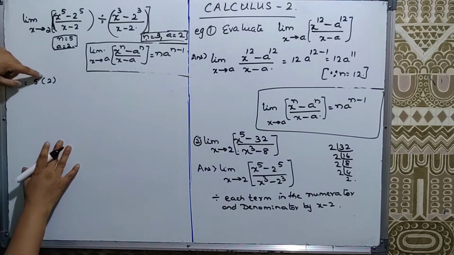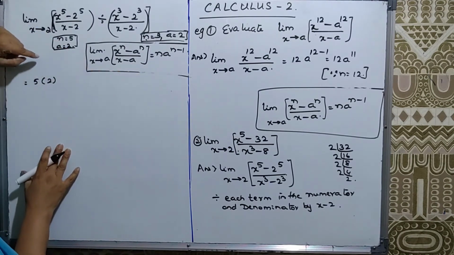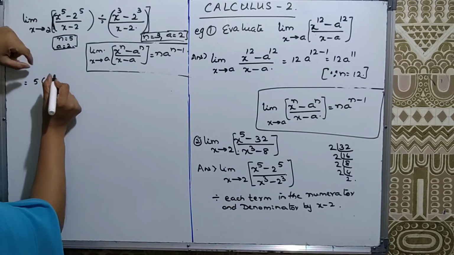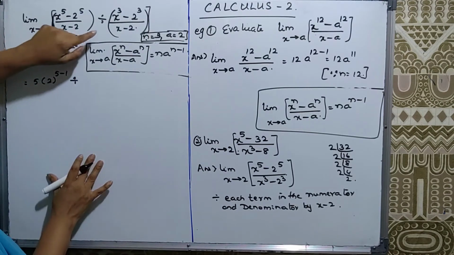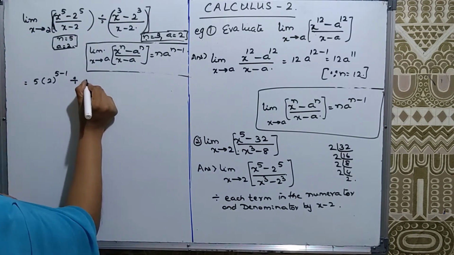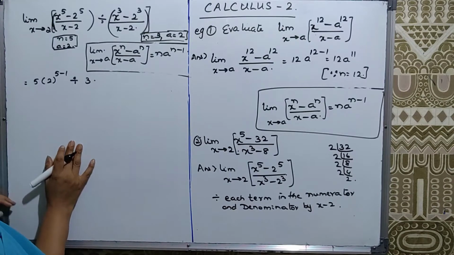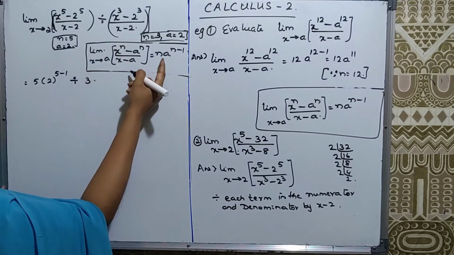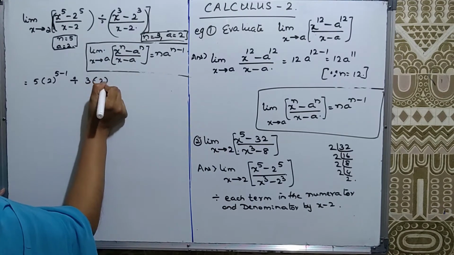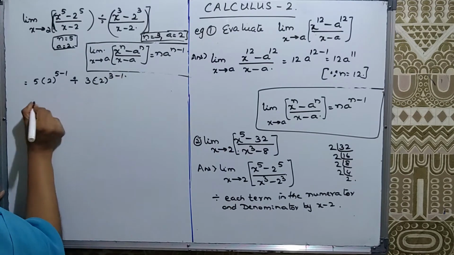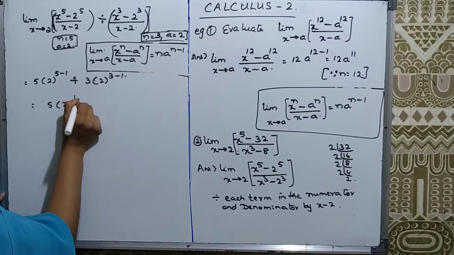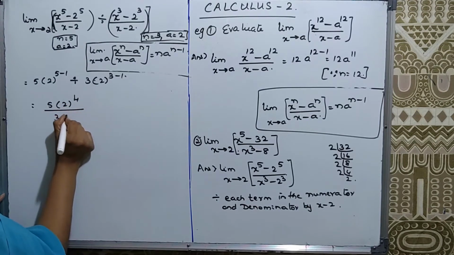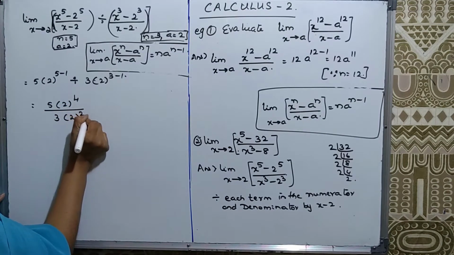So the formula is n a raised to n minus 1. N is 5, a is 2 raised to n minus 1, that is 5 minus 1, divided by, again the power is 3, so it will be 3 a, where a is 2 raised to 3 minus 1. So it will be equal to 5 into 2 raised to 4 divided by 3 into 2 raised to 2.